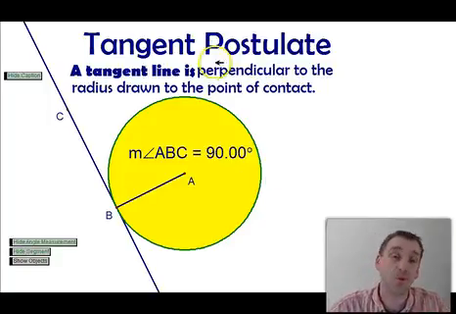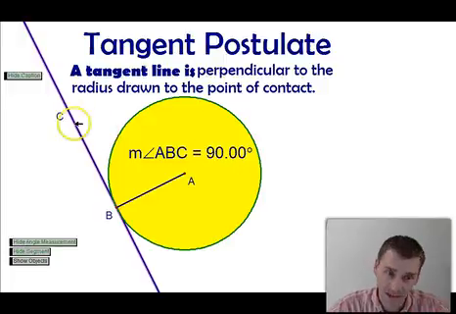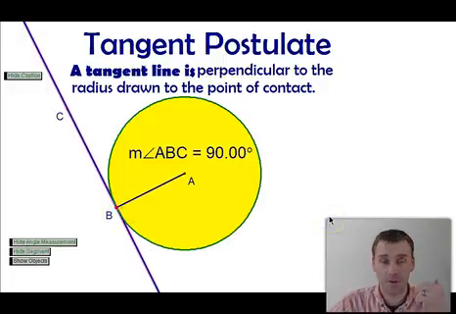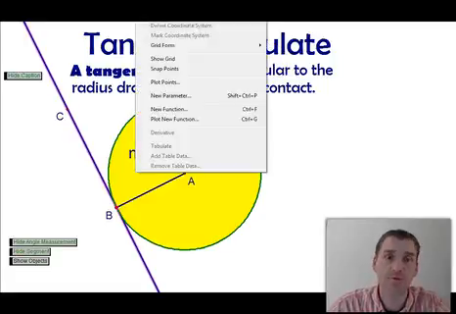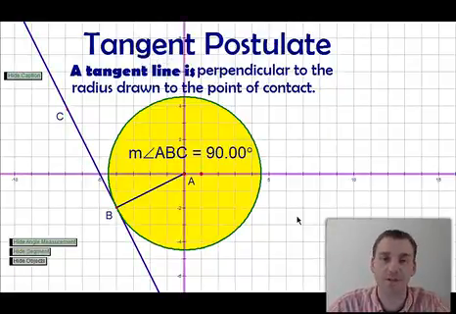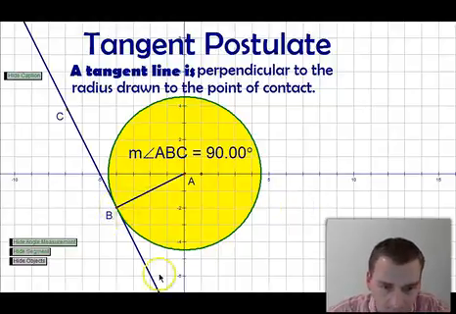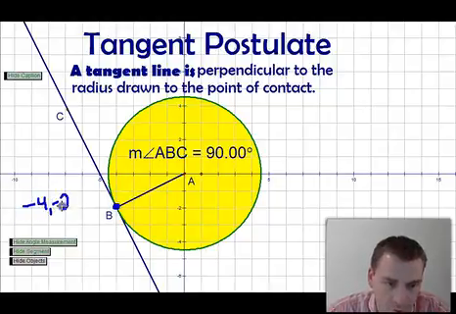We're finding the equation of the tangent line that goes through one particular point, which is going to be the point of contact. So if I throw this on a grid and show the x and y axis, it's going through a specific point. That point happens to be right there, and that point is -4, -2.